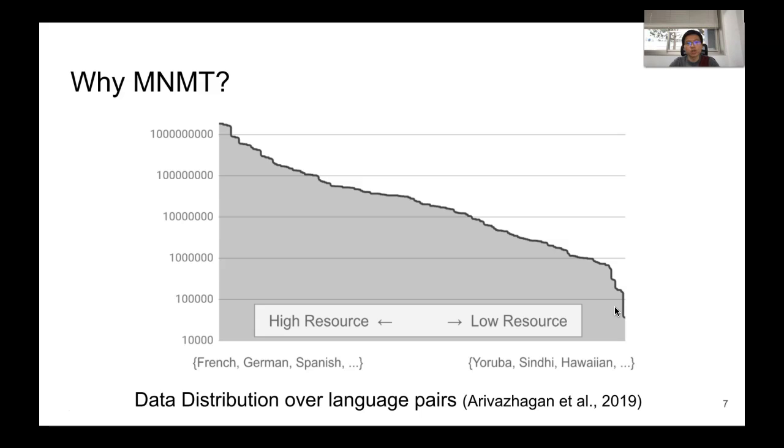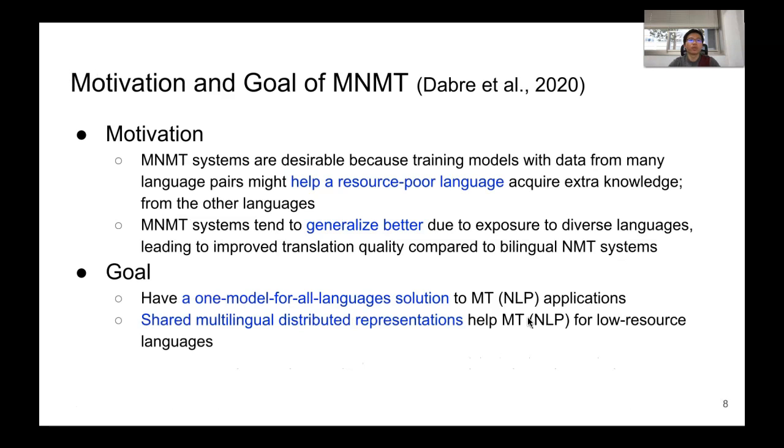So how to learn a good NMT system for these low-resource language pairs? Because there is a very imbalanced data distribution for different language pairs, we need MNMT. So that's the motivation of MNMT.